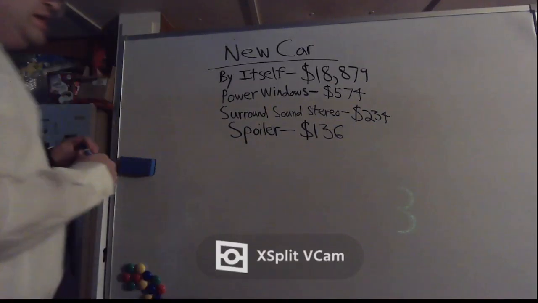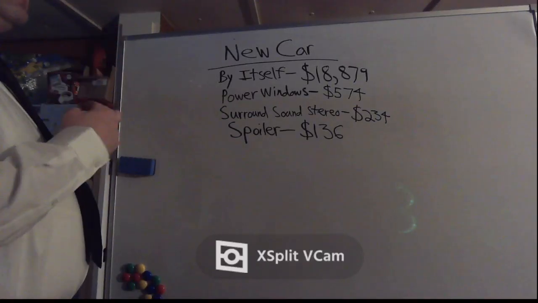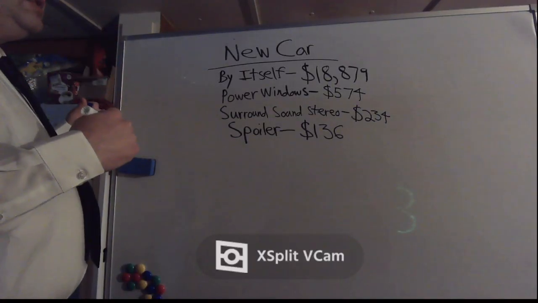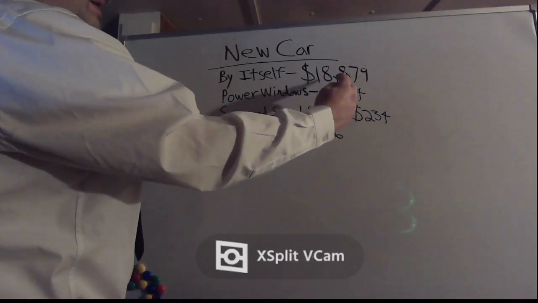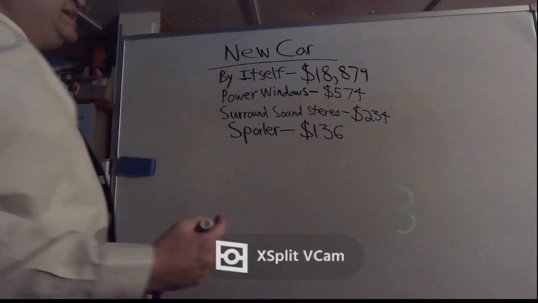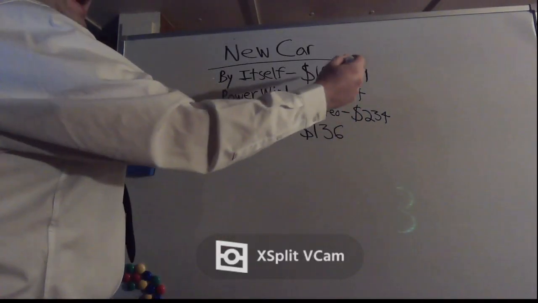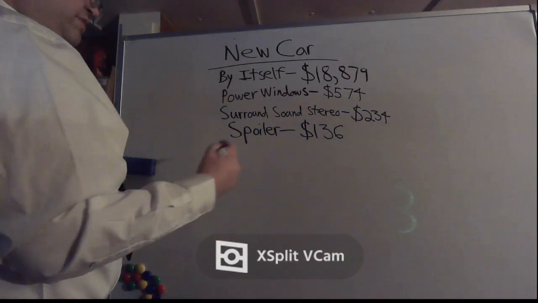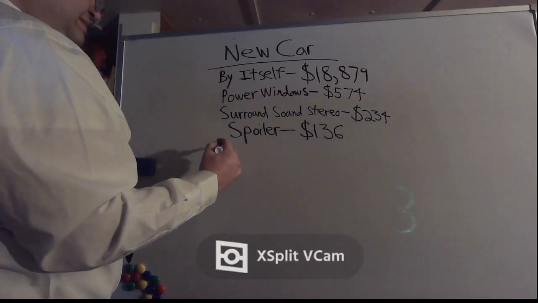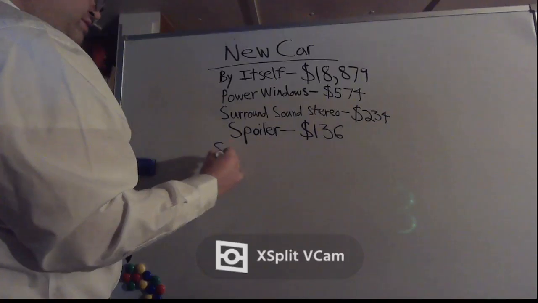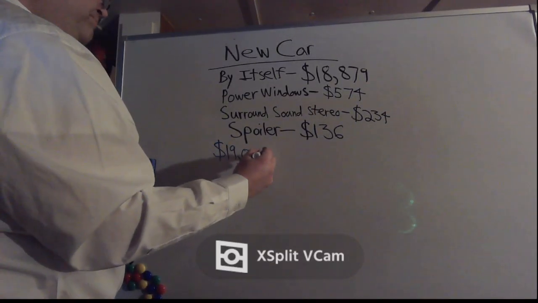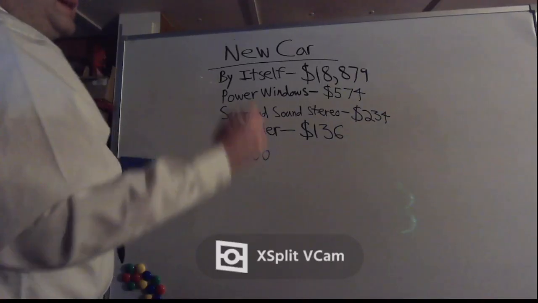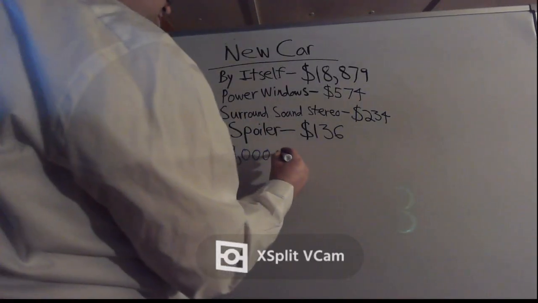But the point is, with these numbers here, you're going to round to the nearest thousand, right? You're not going to sit here and add all these up. If you want to figure out the cost, you're probably going to say the car is about $19,000 by itself.